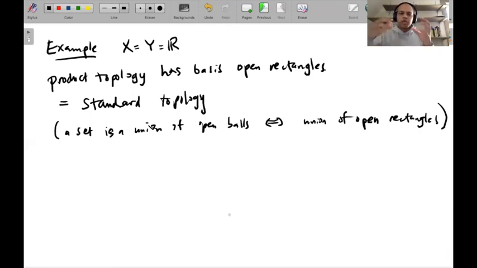Essentially because for any open ball, you can fit a smaller open rectangle in it, like I mentioned last time, and conversely, if you're given an open rectangle, you can fit a smaller open ball in it around any point.